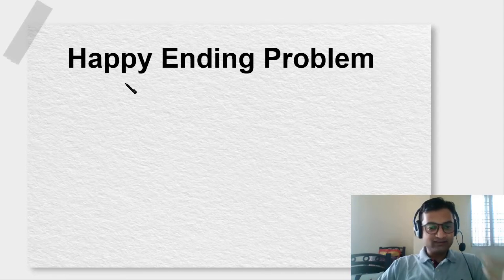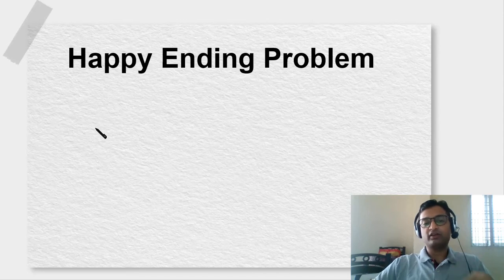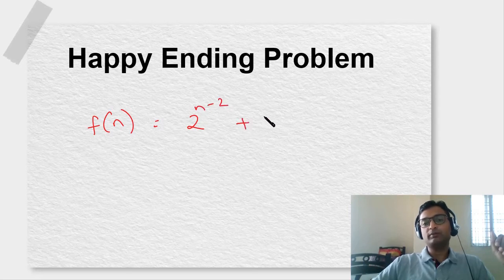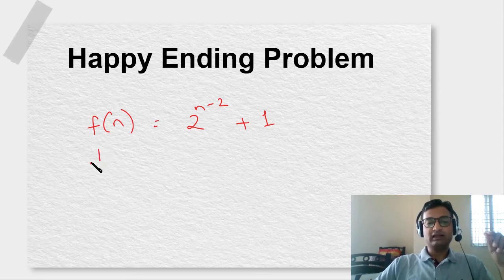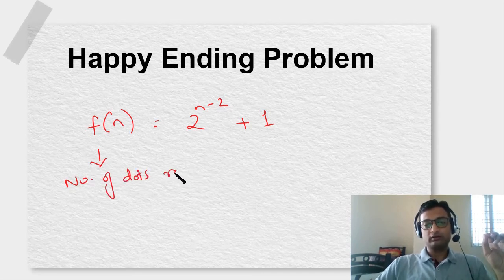As I said, there is a theory, right? According to that theory, we have a formula which says f of n is equal to 2 to the power n minus 2, plus 1. I'll explain what it means. Here f of n means the number of dots required to ensure the creation of an n-sided polygon.